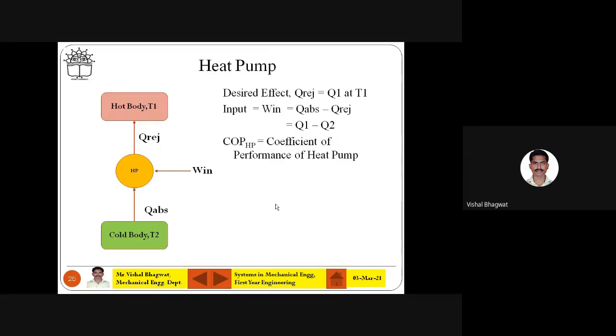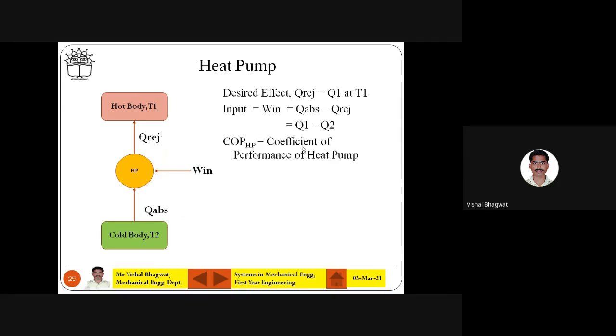Now for a heat pump you cannot measure the performance in terms of efficiency, but you have the coefficient of performance, COP. I hope you are with me. This is called COP, the coefficient of performance of the heat pump, because you are extracting heat from a low temperature body and sending it to the high temperature body. It is against the natural law.